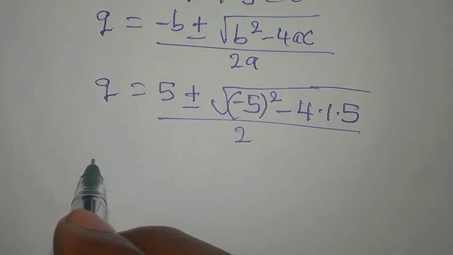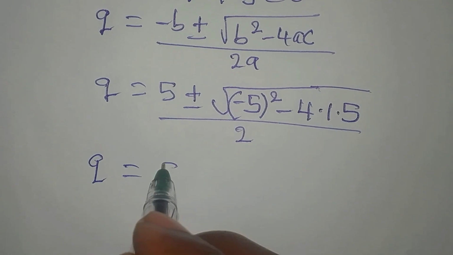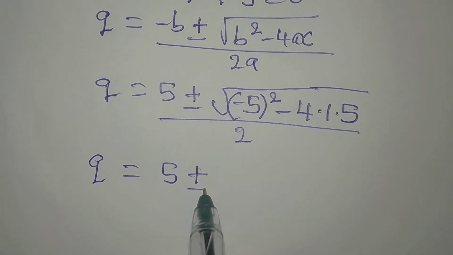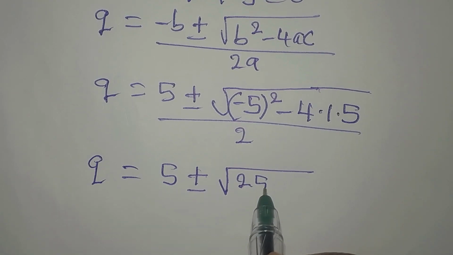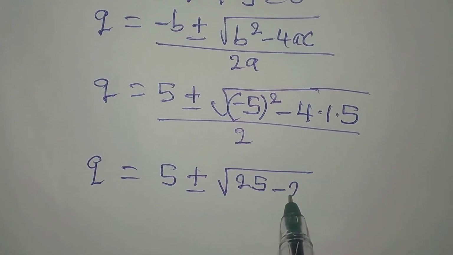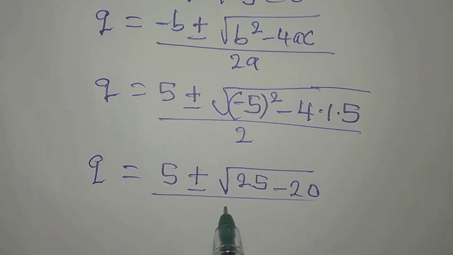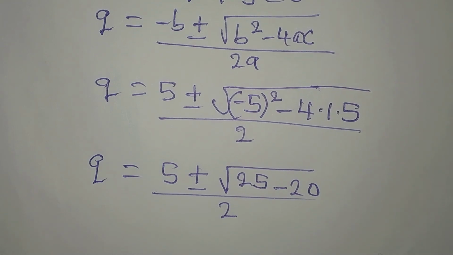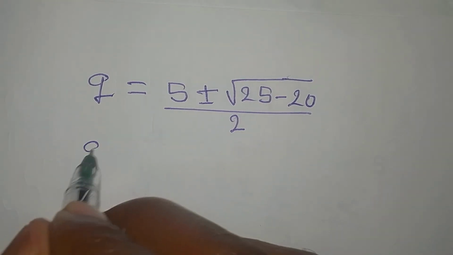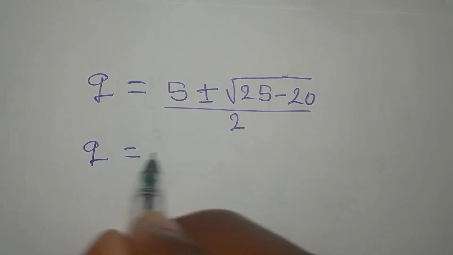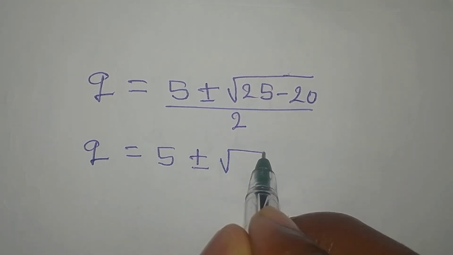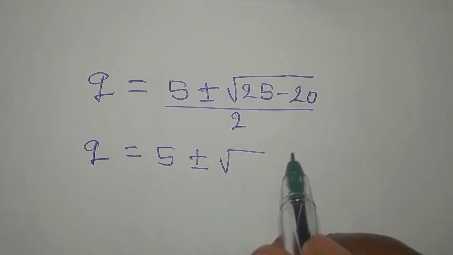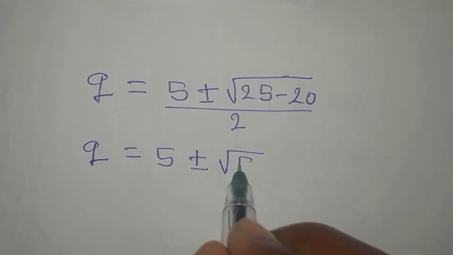So now Q is equal to 5 ± √(25 - 20) over 2. Okay, so our Q now will be 5 ± √(25 - 20), which is 5.